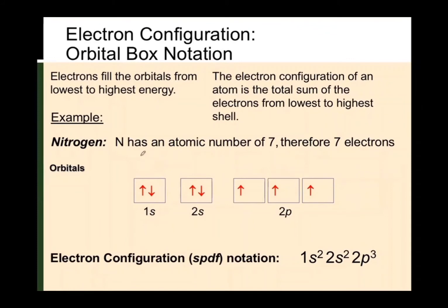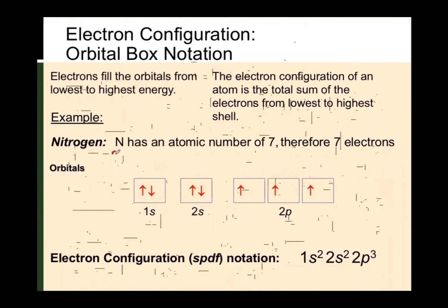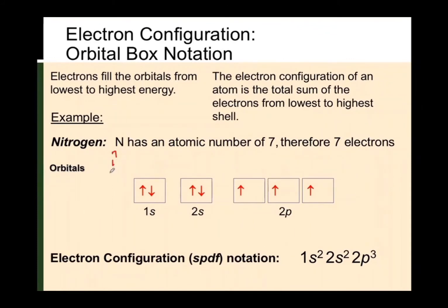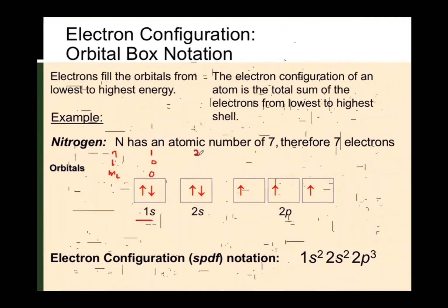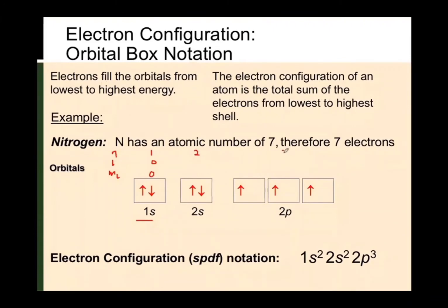We could also find out the quantum numbers here. I'll put n at the top, then L, and then ML if it exists. n is equal to 1 here because it's the 1s. Then we have L equal to 0, and an ML value of 0. So we have the 1s orbital. Then n is equal to 2 for both the 2s and the 2p.